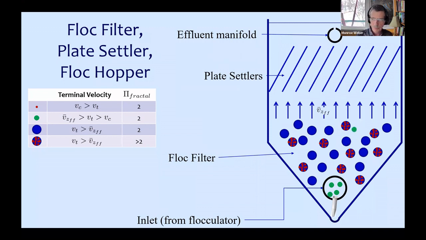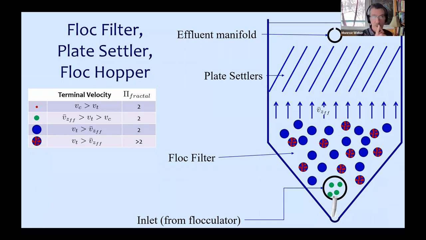Flocks from the flocculator go up onto the plate settlers and are captured on the plate settlers. They form an avalanche and they roll together and form one of these brand new flocks that's now going to have a high enough terminal velocity that it can hang out in the flock filter.